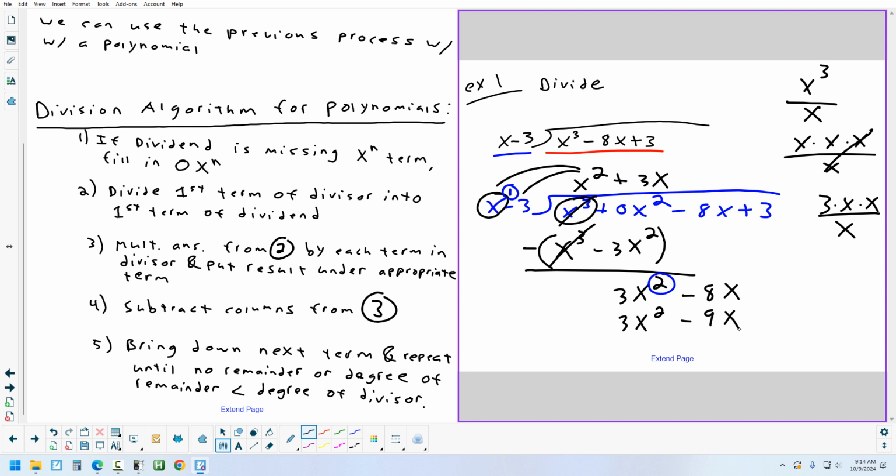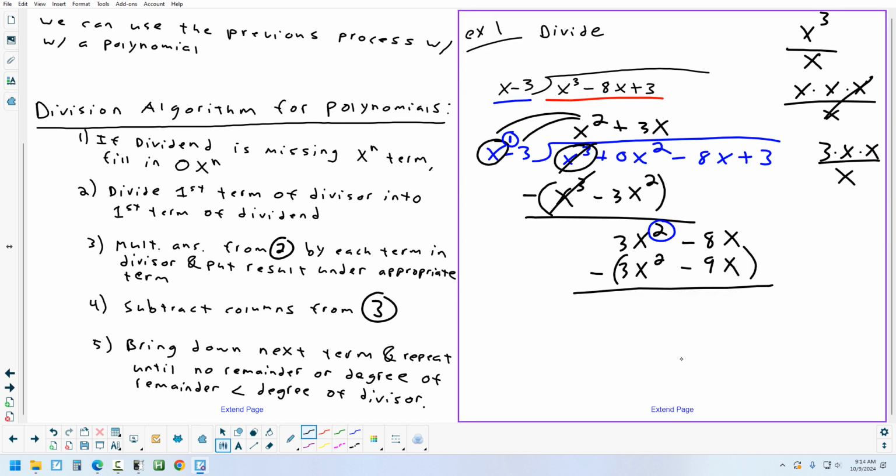Now we're going to subtract our columns. What's 3x squared minus 3x squared? Zero. Yep, that's gone. And what's negative 8x minus negative 9x? Negative 17x. Oh, wait. Never mind.